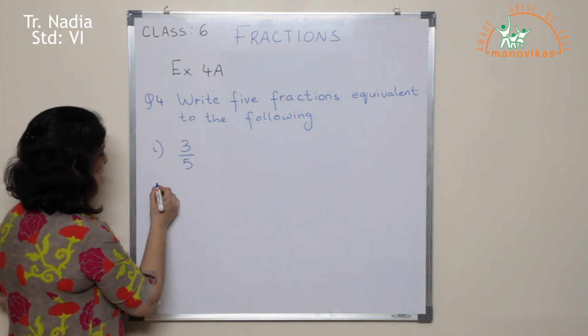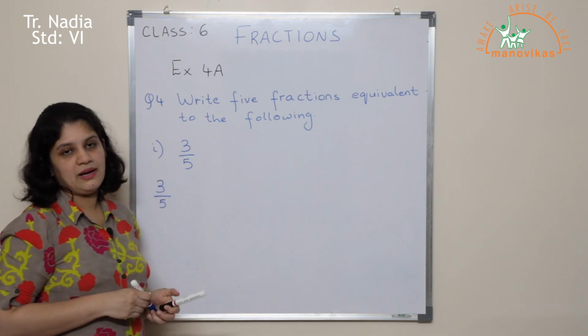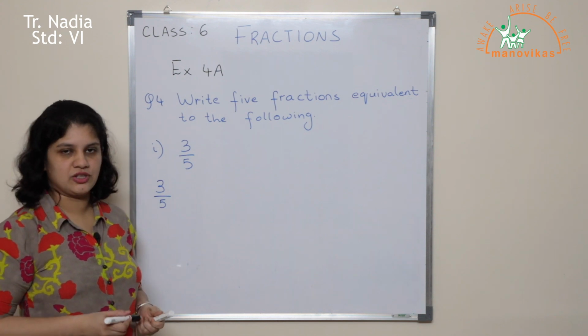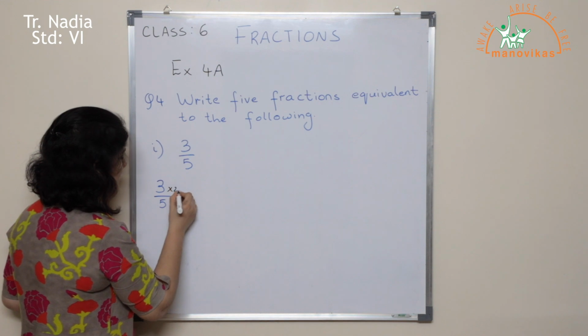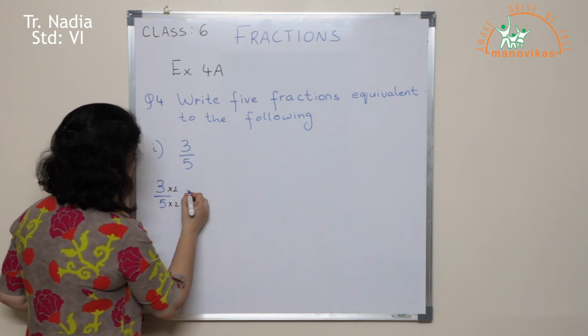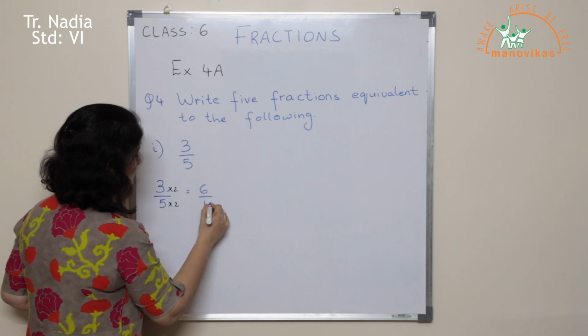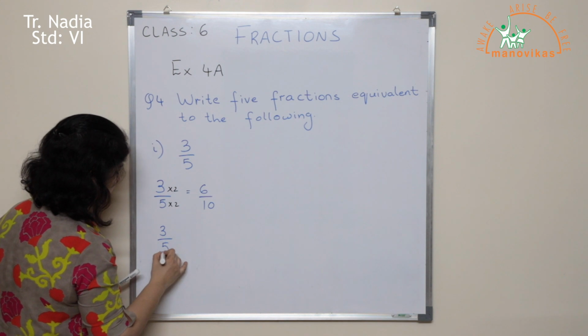So let me first multiply it by 2. If we multiply it by 1, we will get the same fraction back. So let us multiply it by 2 in the numerator and denominator. When I multiply it by 2, I get my first equivalent fraction 6 upon 10. I need 5, so I will do one more.